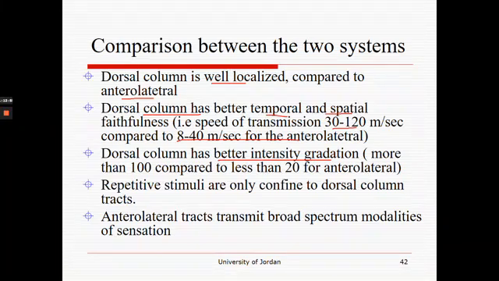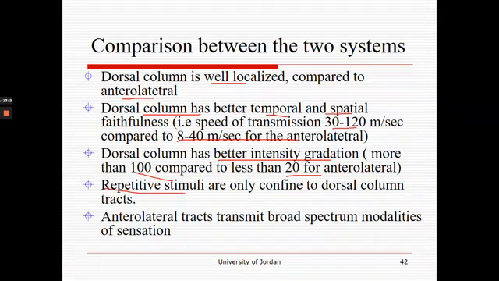So between 0, 1, 2, 3, 4, 500. The anterior lateral system uses the lateral grades, A, B, C, D. So the lateral grades have much lower grades than the absolute grades. So more than 100 grades compared to less than 20 for the anterior lateral.